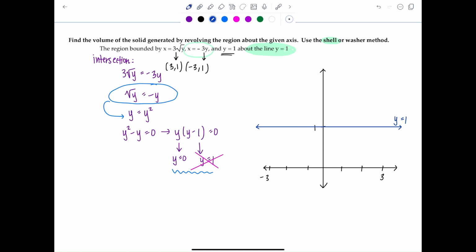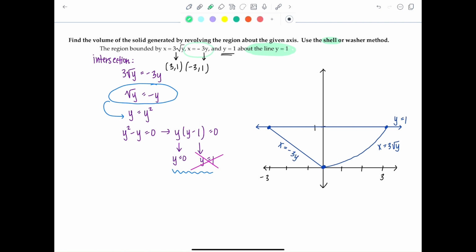X equals 3 rad y. Draw your half a parabola. It's also going to go through 0, 0. So here's x equals 3 rad y. And then the other one's just a line, so just connect it straight. This is x equals negative 3y.